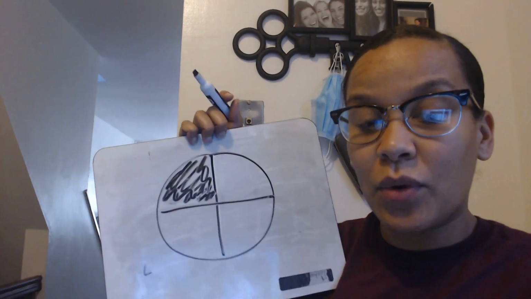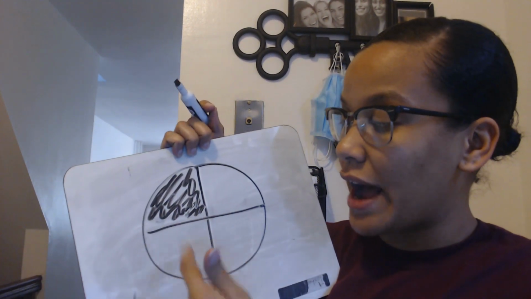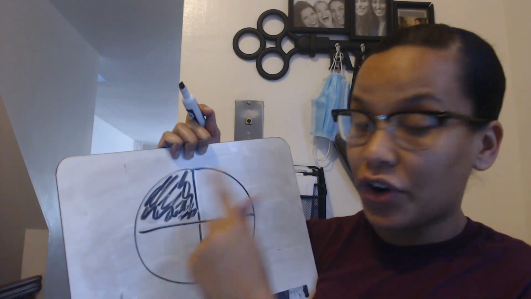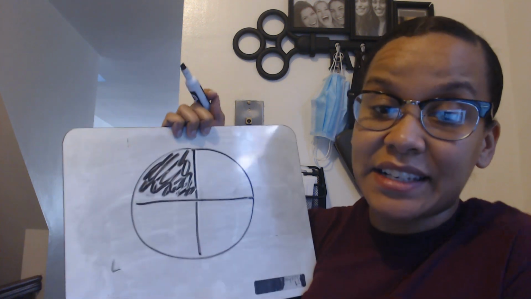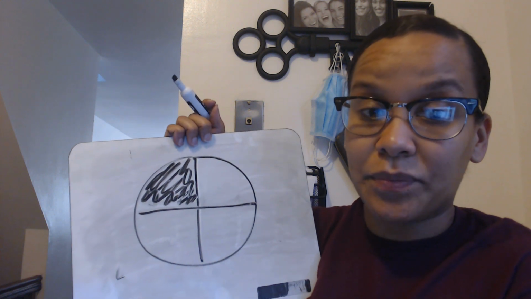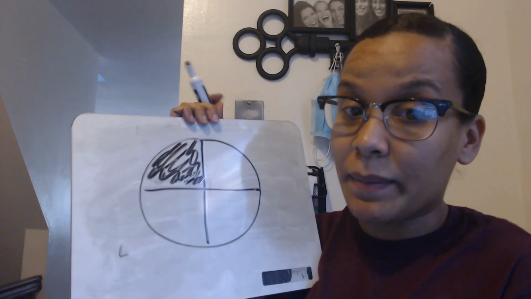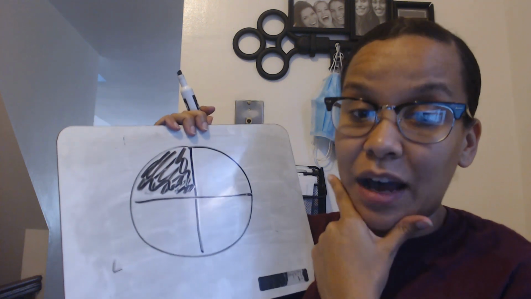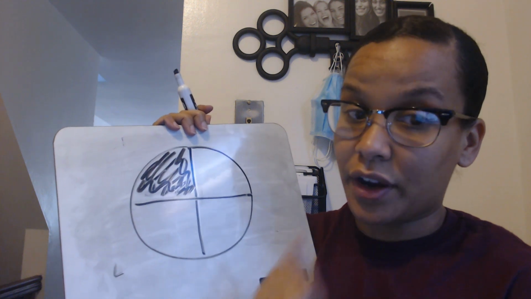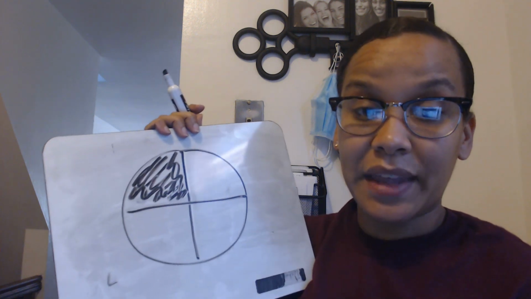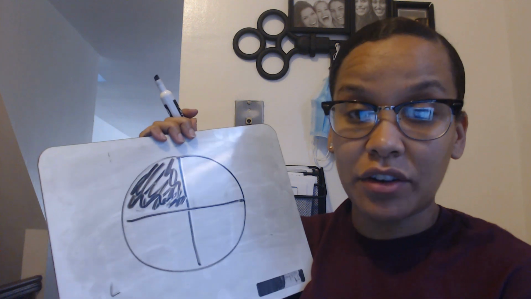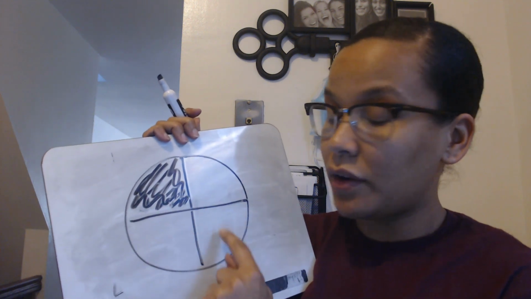Okay, so now what I did was I drew a circle, I split it into 4 fourths, or we can say 4 quarters. They're all equal parts, and I decided to shade some parts in now. So what I would say to talk about this is first think, how many shaded areas are there? 1. And how many equal parts are there? 1, 2, 3, 4.